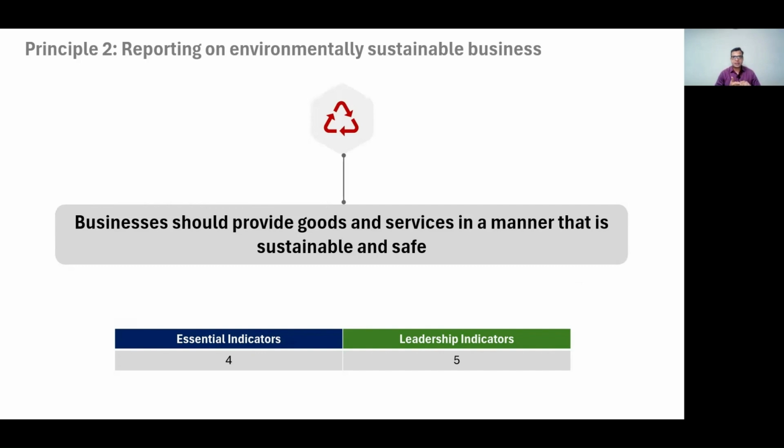And C, conducting studies like life cycle assessment, etc., to actually identify their environmental footprint. There are 4 essential indicators and 5 leadership indicators under this principle. Let us see them one by one.